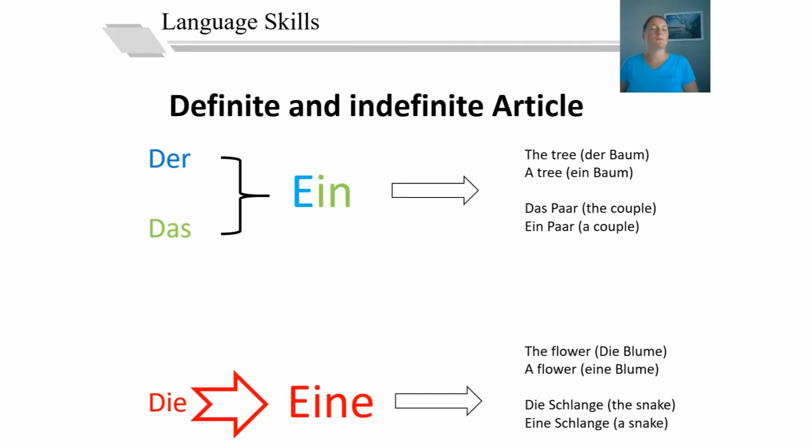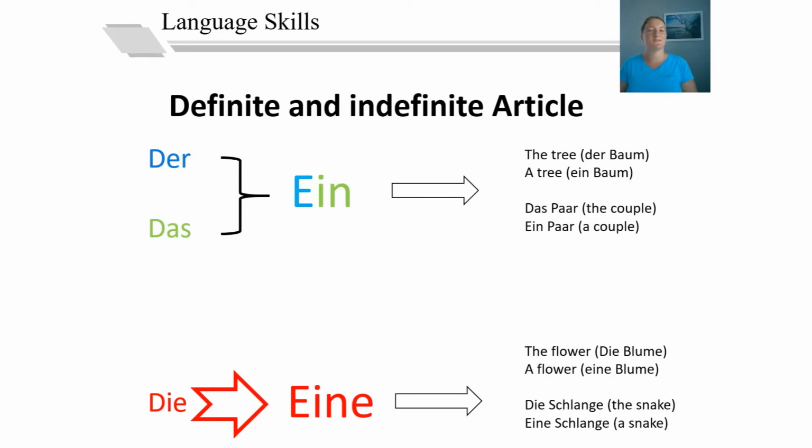That is the reason why ein is written in two different colors, blue and green, because ein, the indefinite article in the German language, shares this form with the definite articles der and das. What happens when you have the definite article die and you would like to use the indefinite article?